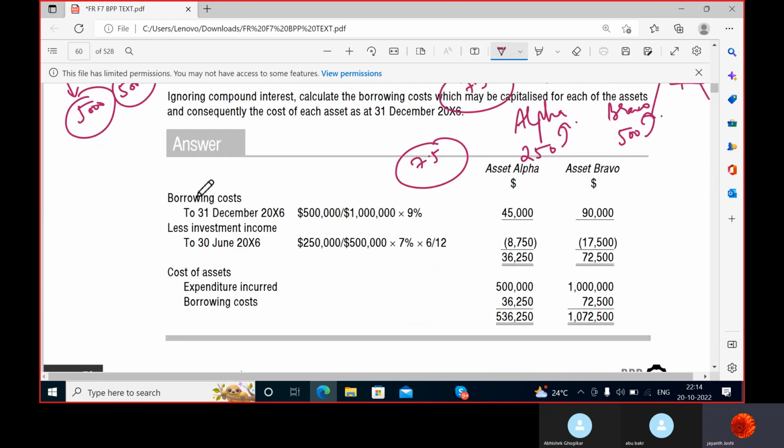Now see how they're doing it. Borrowing cost on 31st Dec 2006, at the end of the year, for asset alpha and asset bravo.